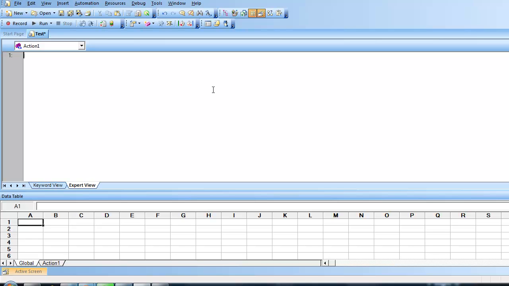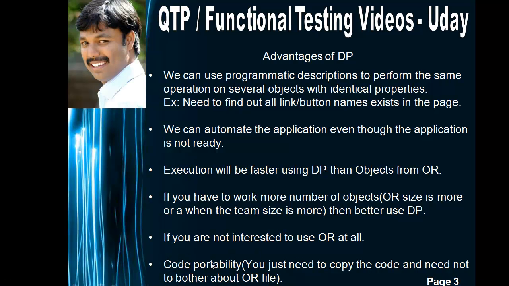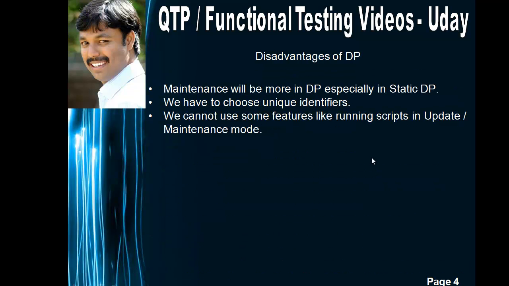If I use static descriptive programming, I can directly copy that code. I need not bother about the object repository. Whereas if you are using a shared object repository, we need to make sure that the object exists in the shared object repository, right? So that is what I'm saying about code portability. Because the object description you are giving is in the script itself, you can directly copy and paste that wherever you want. All right, that is one of them.